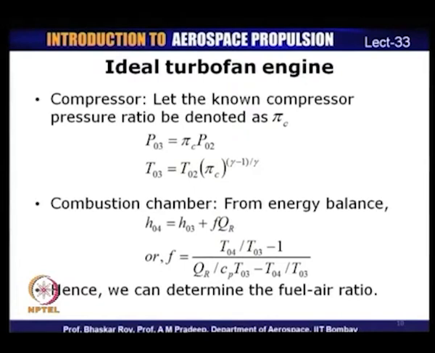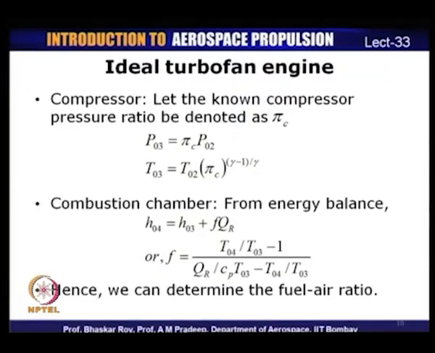So, H04 is the stagnation enthalpy at the combustion chamber exit. This should be equal to the stagnation enthalpy at the inlet, H03, plus the fuel flow rate f into QR, which is the heat of reaction of that particular fuel. By simplification, because we are assuming air to be an ideal gas with constant specific heats, H04 equals Cp into T04, which is equal to Cp T03 plus f into QR.